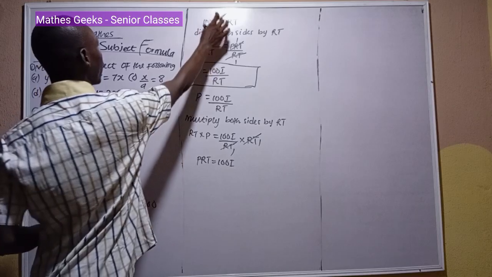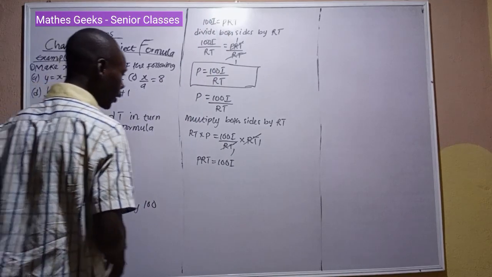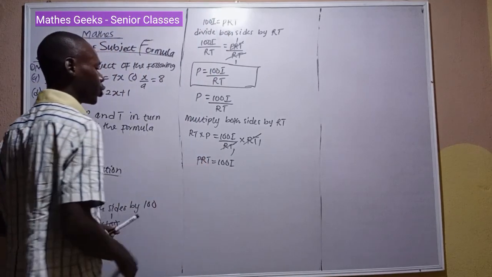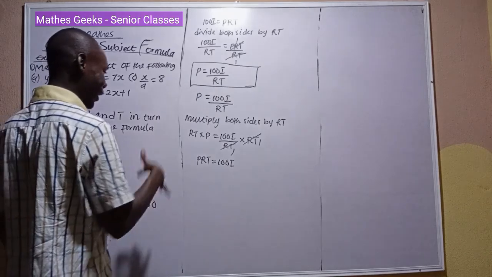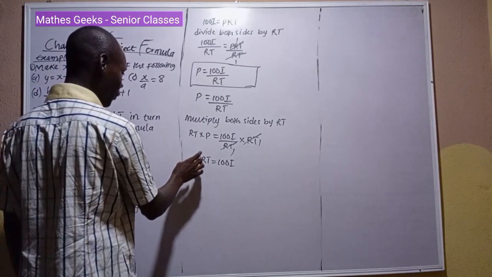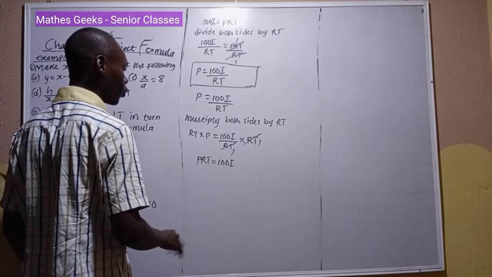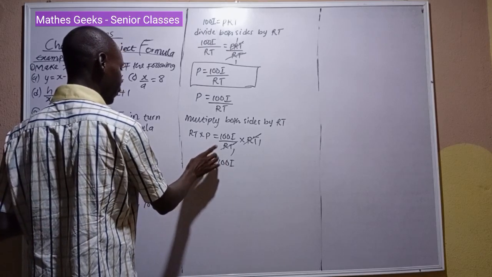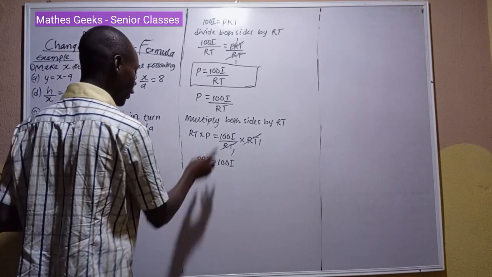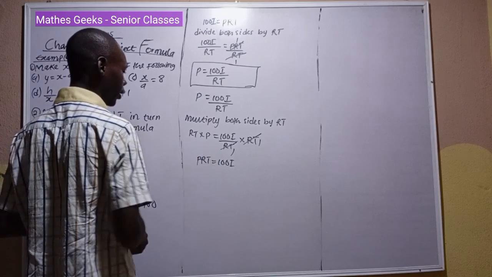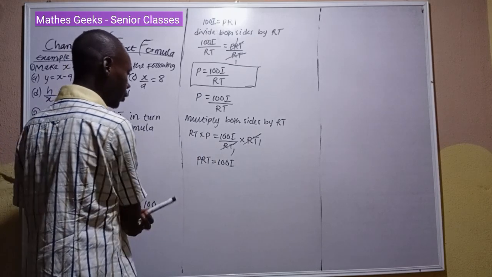Back to what we have here. Now, our focus is to make R the subject of the formula. This means that at this point, we don't want P and T to be connected or related to R anymore. We want to strip R of P and T. So how do we do that? First of all, recognize the relationship is multiplication. So the opposite of multiplication is division.